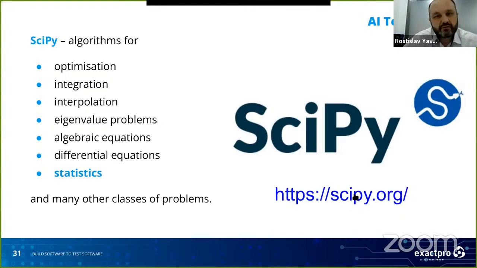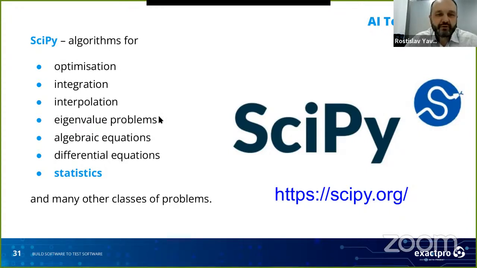Here is a link to a very popular, powerful, and famous library called SciPy, which definitely includes different statistics, but also a lot of algorithms for optimization, integration, algebraic equations, differential equations, and eigenvalue problems.